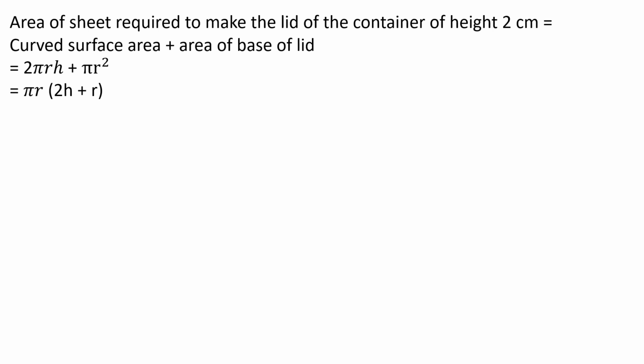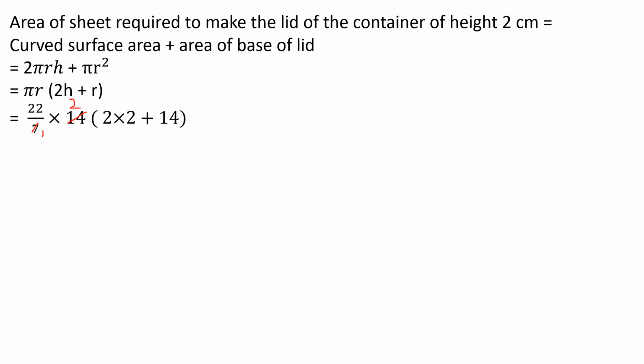Now here I'll substitute pi value as 22 upon 7. The radius will be the same for the lid and the container, so 14 in bracket, now 2h. Here the height of the lid is 2, so you'll write 2 into 2 plus r, which is 14. We can simplify here: 7 ones are 7, 7 twos are 14.